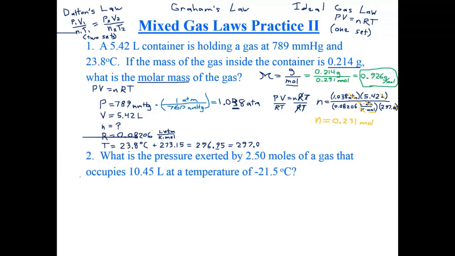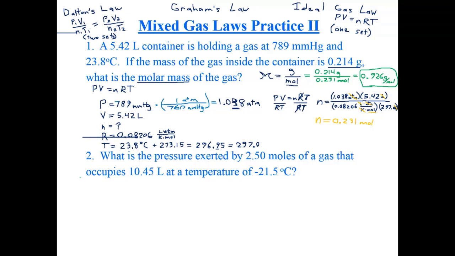By the way, if you were trying to figure out the molar mass of a gas, what is likely the smallest molar mass of a gas you could ever come up with? 32? No, maybe not. There are gases that are lighter than that, right?